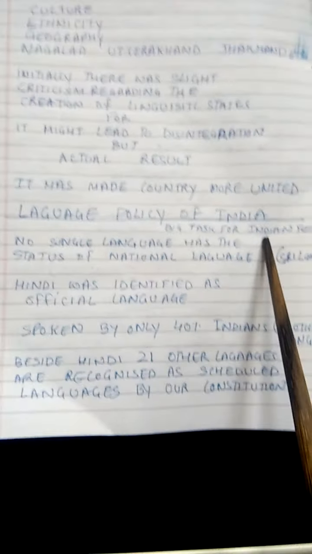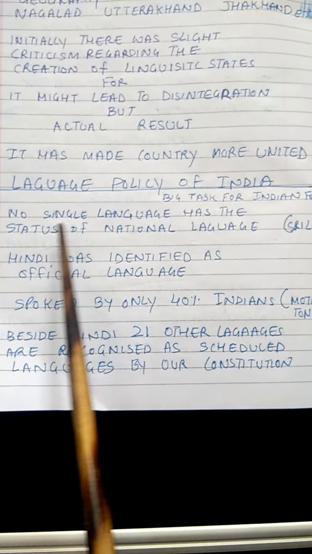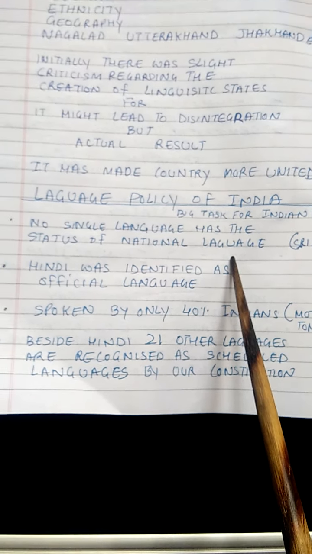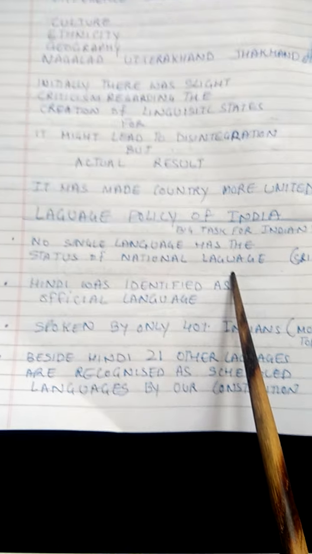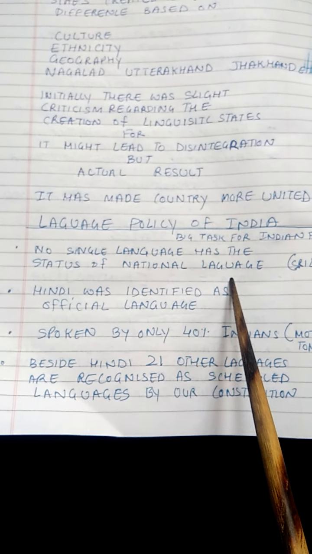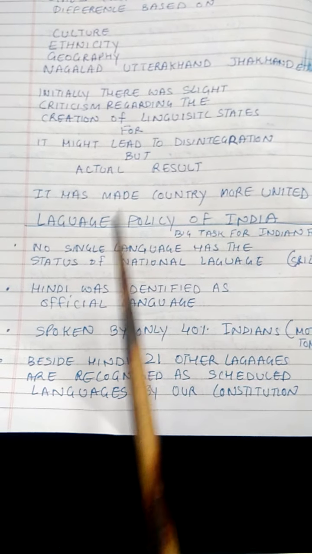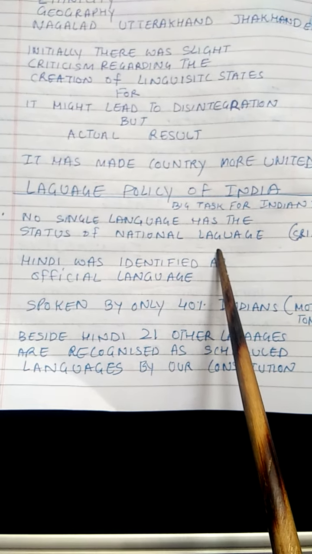And this is also a big task for the Indian Federation. Now, see, in India, no single language has the status of national language. For example, in the previous chapter, we discussed that in Sri Lanka, Sinhala is the official language, but in India, no single language has the status of national language.